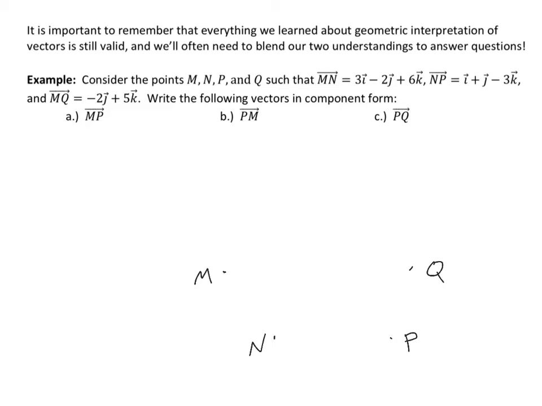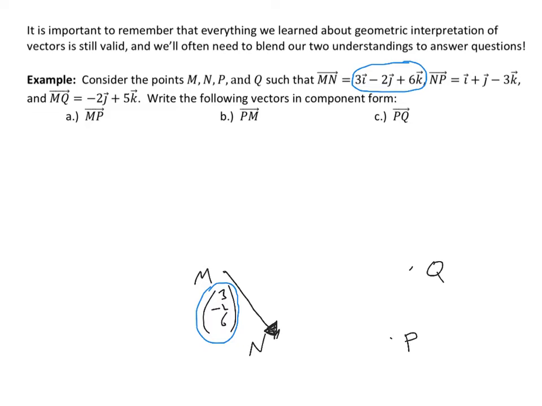And then we're told that MN, the vector from M to N, is 3, -2, 6. By the way, did you notice there how I took this 3i minus 2j plus 6k, and I just told myself, I don't really like using ijk form, I'd really prefer to have it like this. Okay, so that's what MN is.